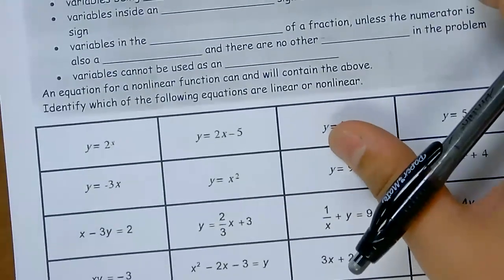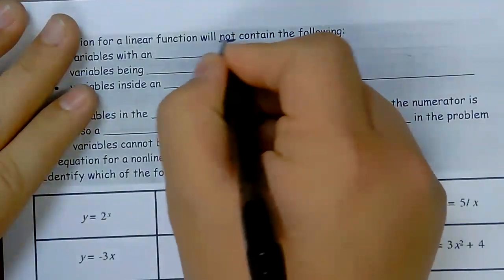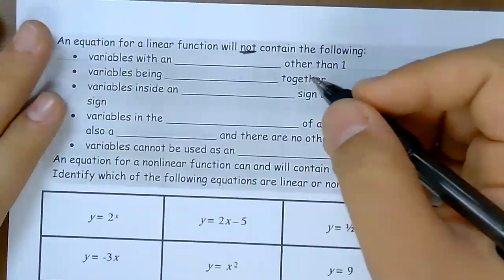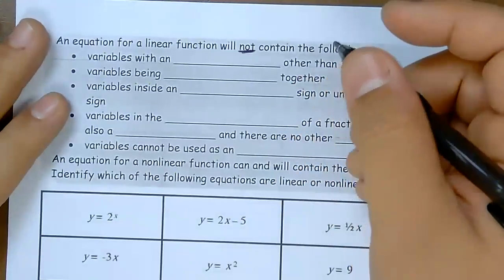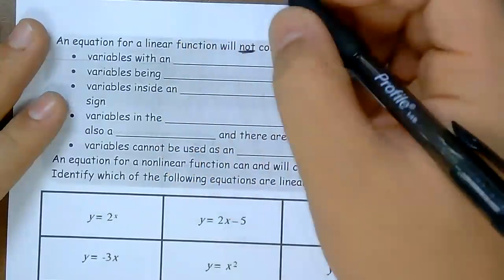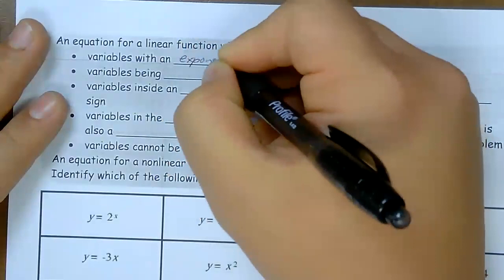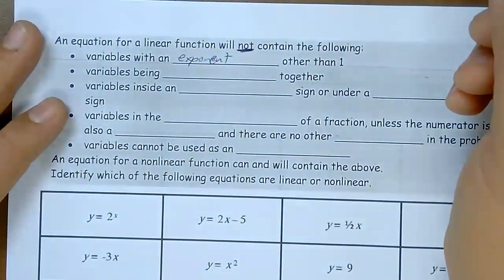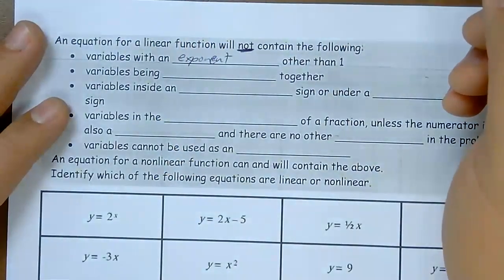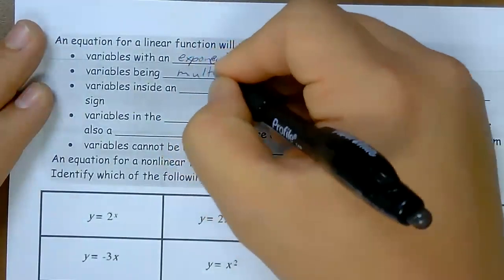All right. An equation for a linear function will not contain the following. Why don't we go ahead and underline not? Will not contain the following. Variables with an exponent other than 1. Variables being multiplied together.